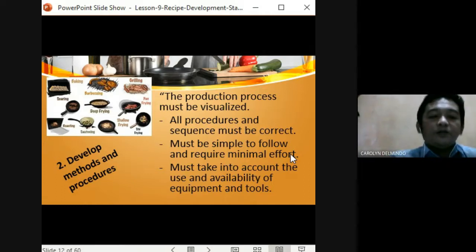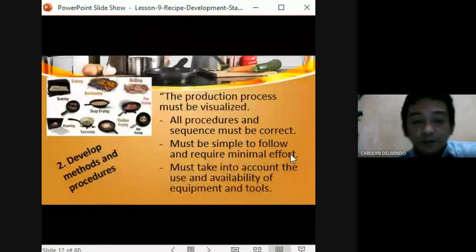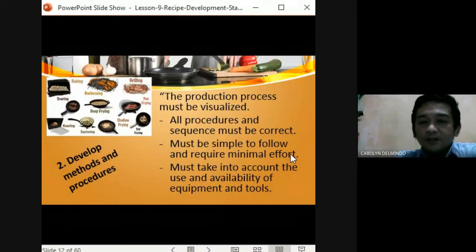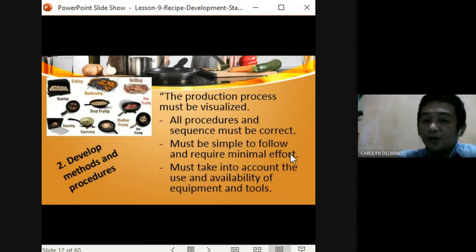So, dapat yung gagamitin natin yung mga fryer, griller for that product is available sa atin or sa company natin or sa restaurant natin para makagawa tayo ng standard recipe for steak. So maraming different kinds of steak. So marami ding style ng pagluluto niya. So dapat available yung equipment natin.